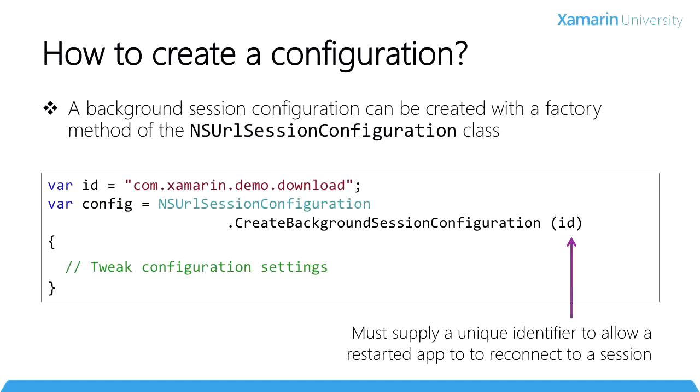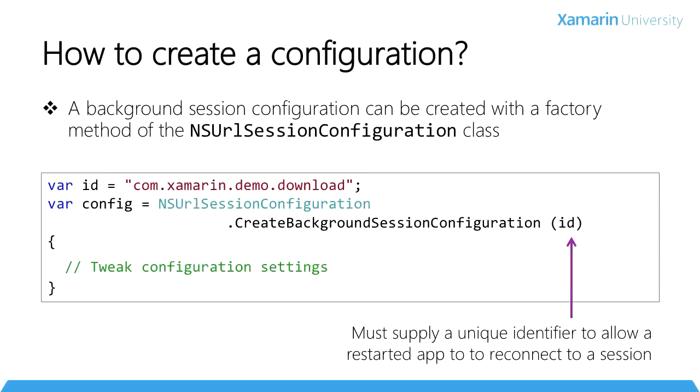The method for background configurations expects an identifier. The reason for this identifier is that downloads will be continued even when our app gets terminated. And when iOS calls back to our application later, it restarts the app, it will need some way to identify the sessions or configurations, and it will allow us to reconnect to these sessions. So that's where we use this identifier later.